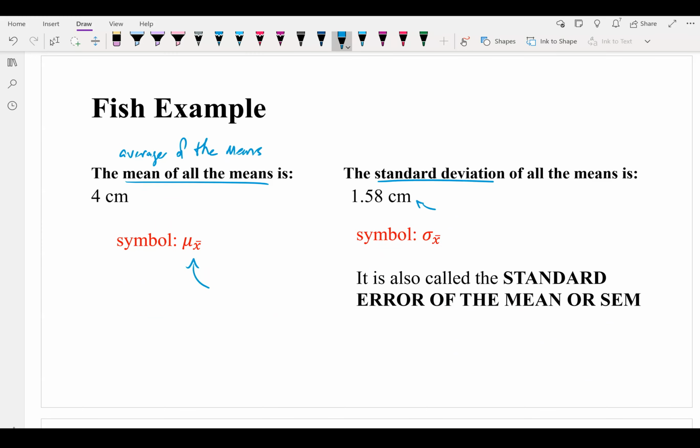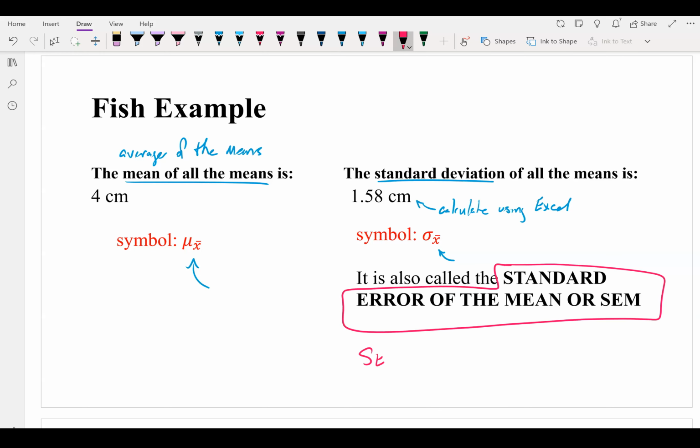But you would calculate this using Excel or any other method. You'd take all those numbers and figure them out. And the symbol is sigma with a bar over the x, which means the standard deviation of the means, which is also known as the standard error of the mean, or the SEM.